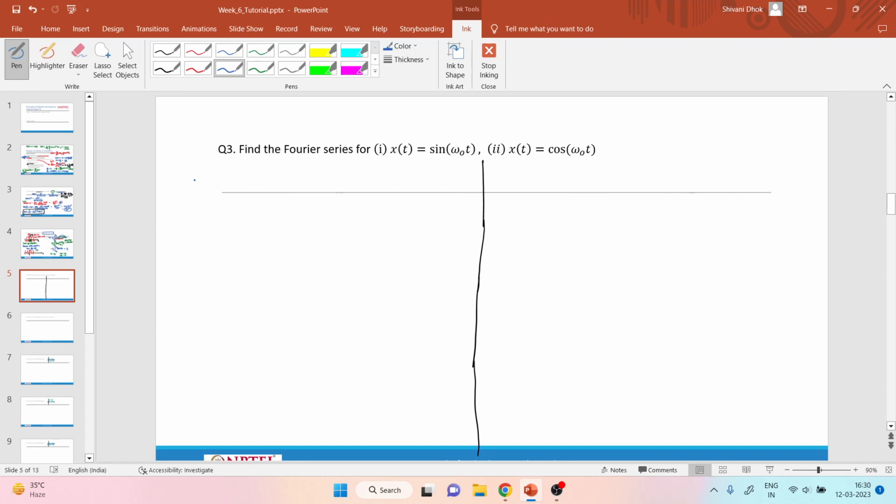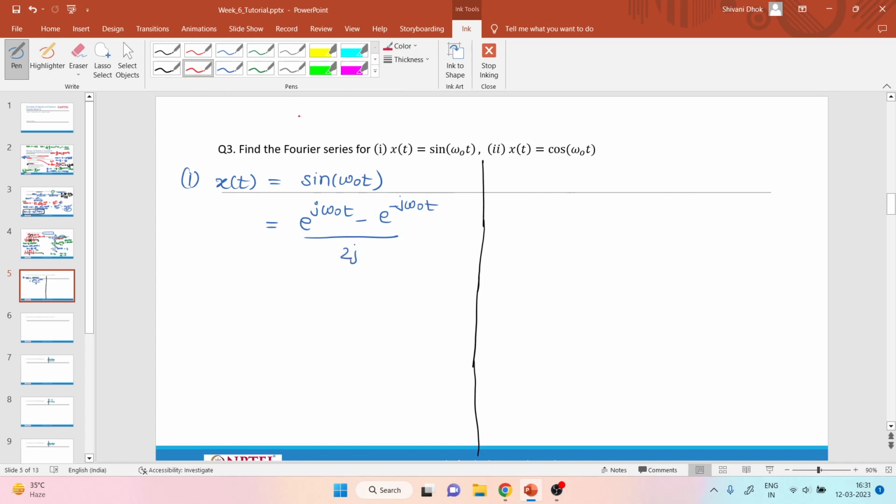I'll use the complex exponential based representation of sine. So we know that if my x of t is sine omega naught t, then I can write it as e power j omega naught t minus e power minus j omega naught t upon 2j.